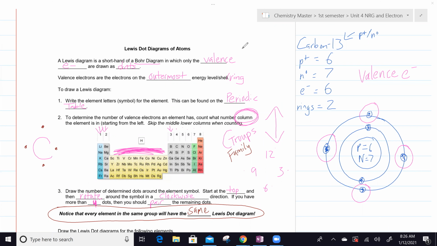Josh, can you tell me another element that's in the same group, column, or family as carbon? Are you there, Josh? Say it again. I would like to know another element that's in the same column, group, family, whatever you want to call it, as carbon.